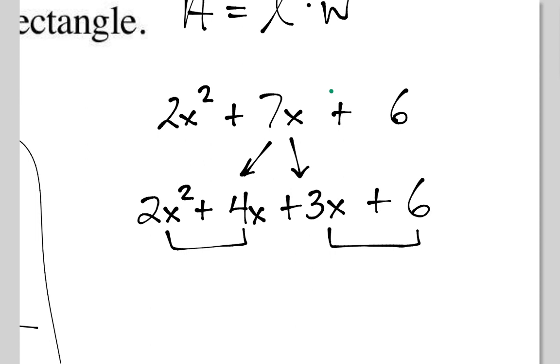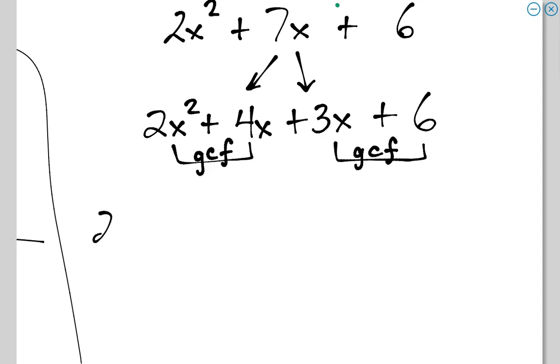And remember, what do you want to take out of each pair? Yeah, very nice. A GCF. So in the first pair, you could take out a 2x because they both divide by 2 and they both have 1x in common. So when you divide that 2x out of each, you have to open up a bracket with space for 2 terms. And in your mind's eye, imagine dividing those 2 terms up above by that common factor 2x.